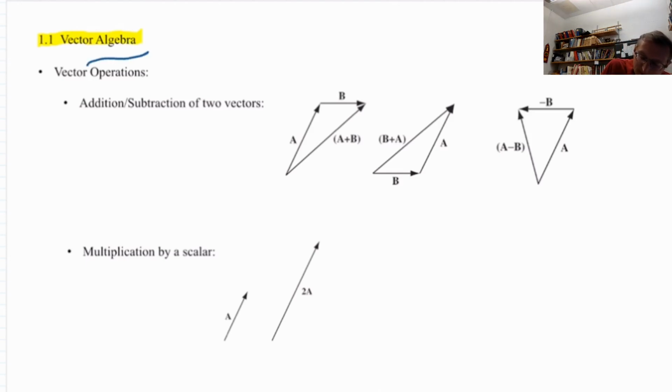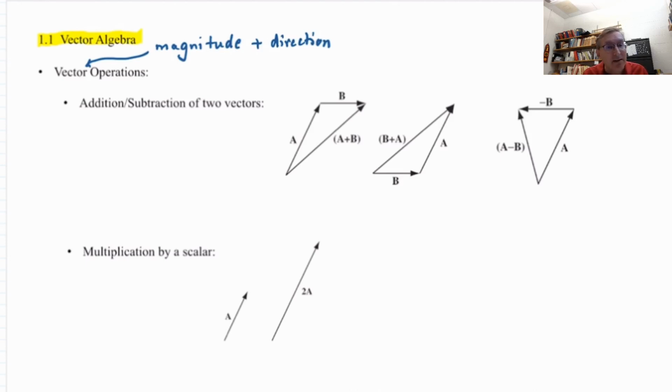We tend to think of a vector as a quantity that has both a magnitude or size and some kind of direction associated with it. In motion, the common vector quantities, of course, are displacement, velocity, acceleration, force, linear momentum, angular momentum. Those are the common ones you come across in motion.